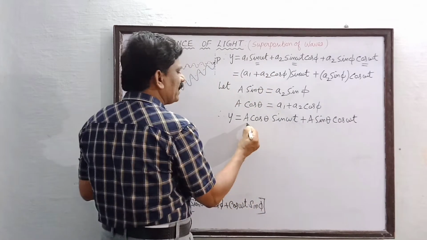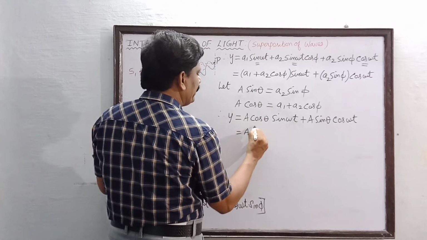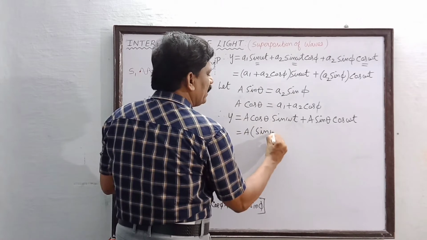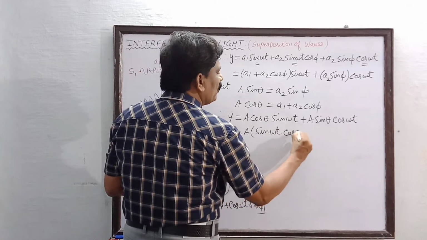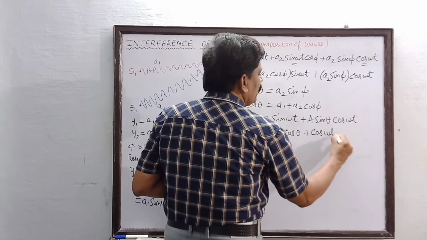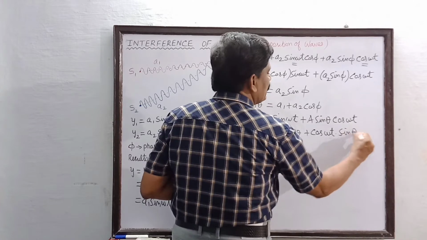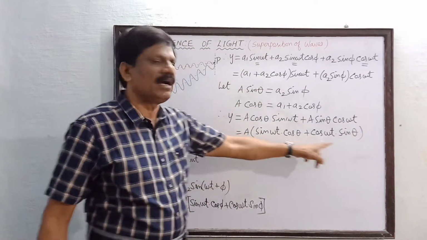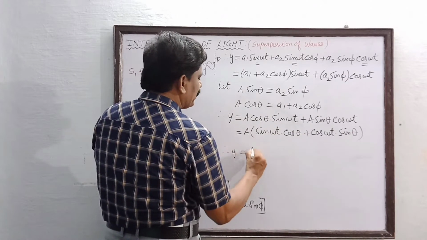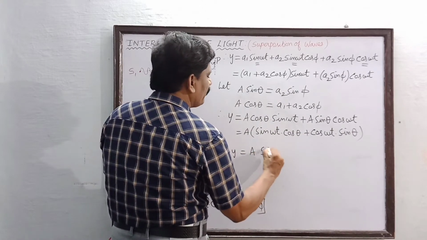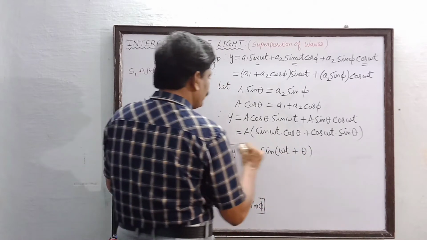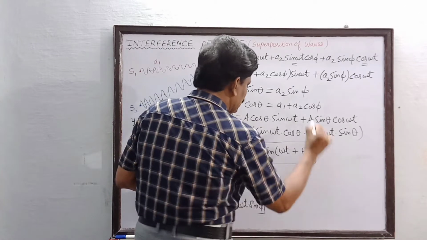Once again, A is a common factor, so y is equal to capital A into (sin omega t cos theta plus cos omega t sin theta). This is again in the sin a cos b plus cos a sin b format, so y is equal to capital A sin(omega t plus theta).